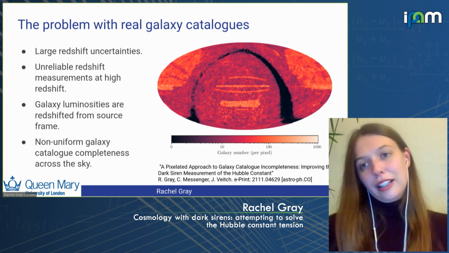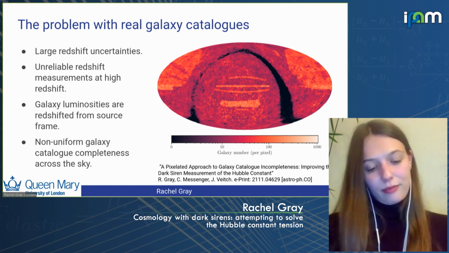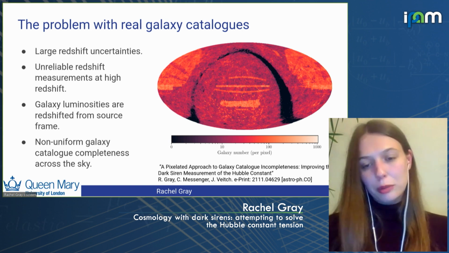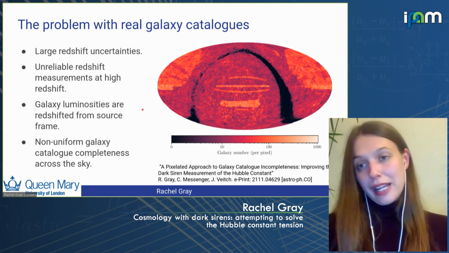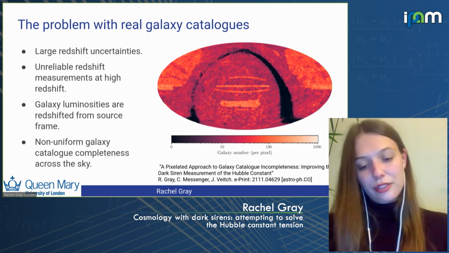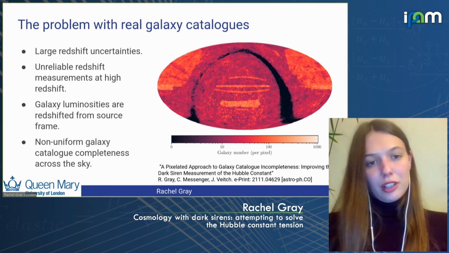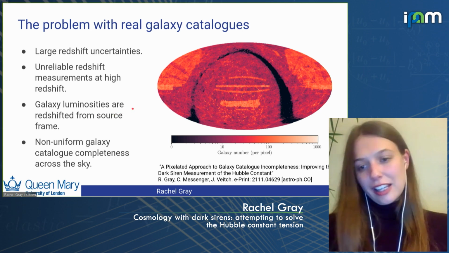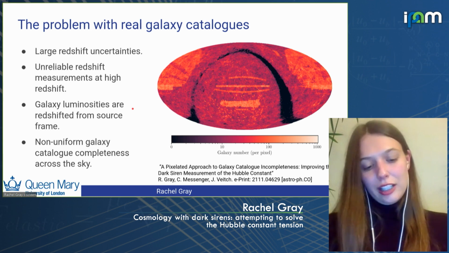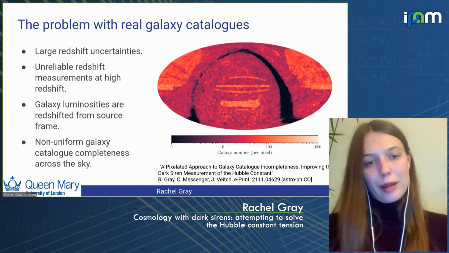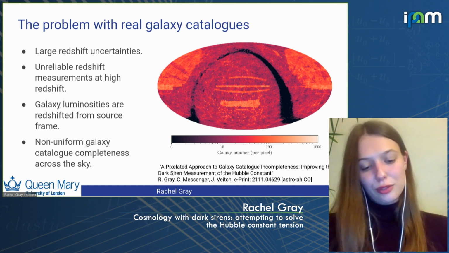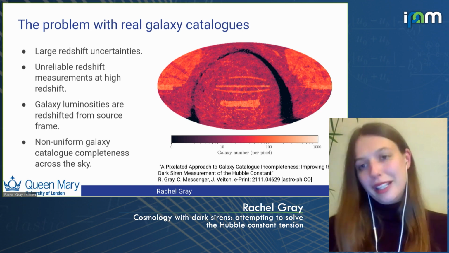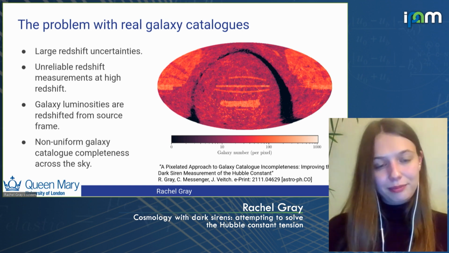But if you want to do something like luminosity weight the galaxies, to say more probable hosts are more luminous, and you want to make that comparison in a specific band to be consistent across all redshifts, it turns out that you can't just use the magnitudes as given in the catalogue. You have to apply these things called K corrections to try and basically work your way back to what you expect the source frame luminosity of the galaxy in that band would have been if it had not been redshifted.